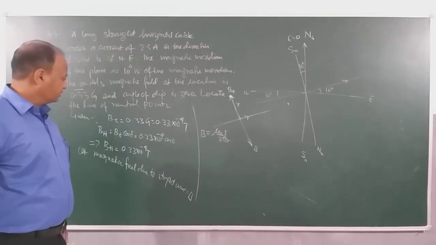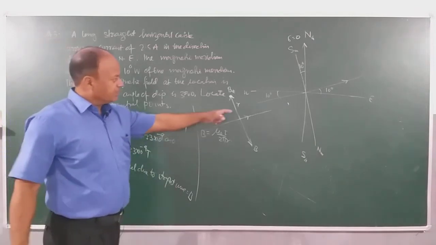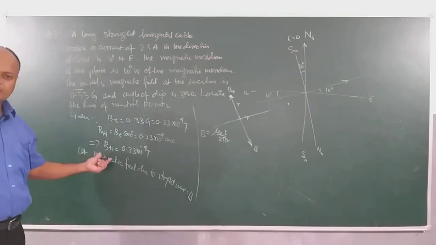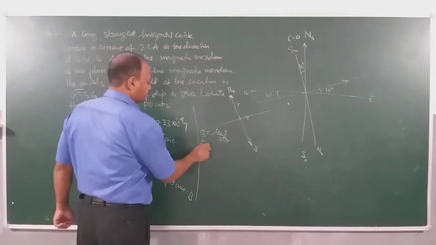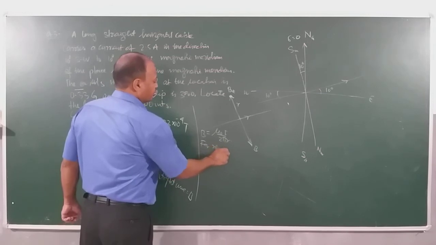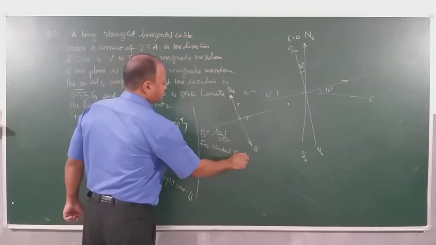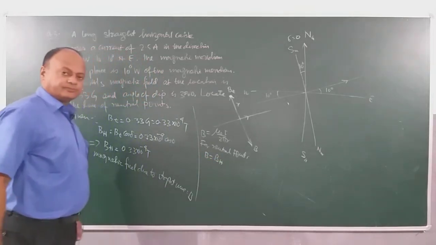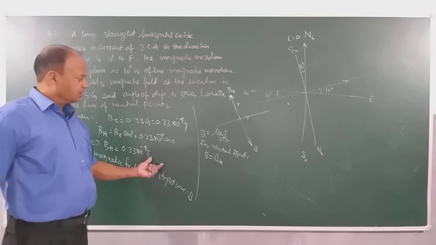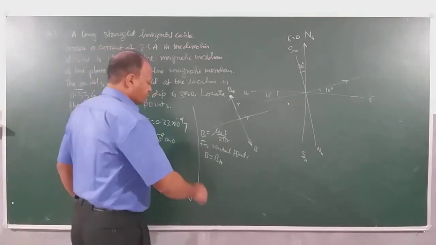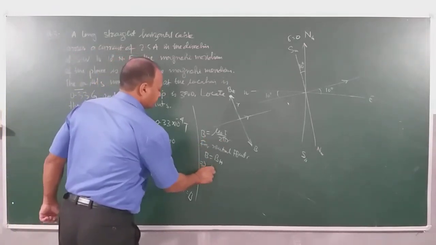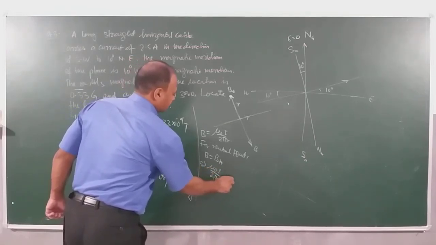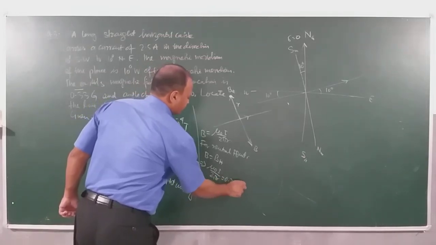And for getting a neutral point at distance r from the wire, B has to be equal to BH. So for the neutral point, we have B equals BH, and BH we already know, and B we know. We will be inserting the values. So this implies that mu naught I by 2 pi r is 0.33 into 10 power minus 4.